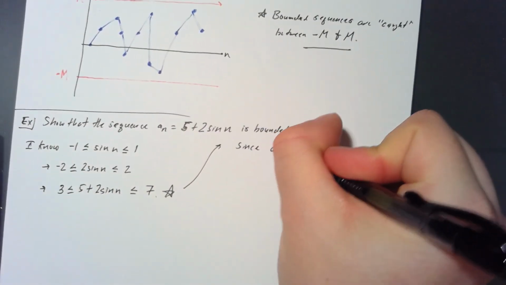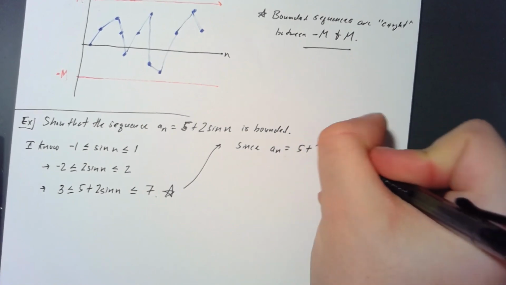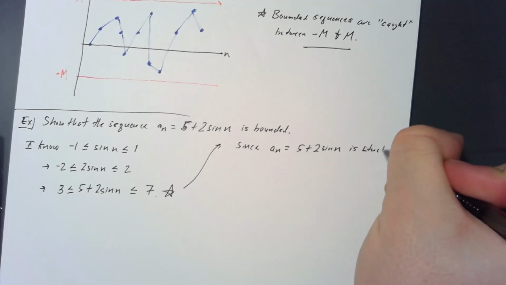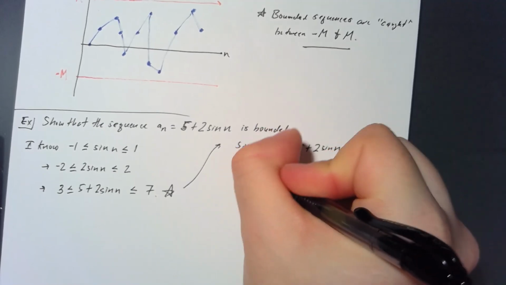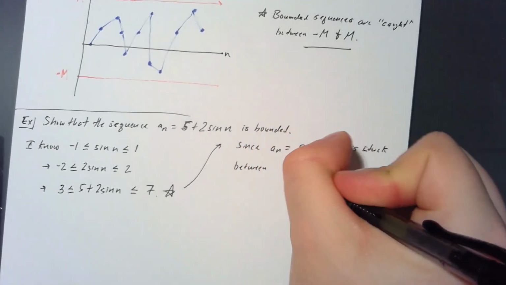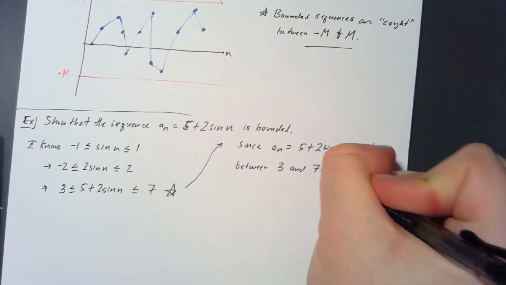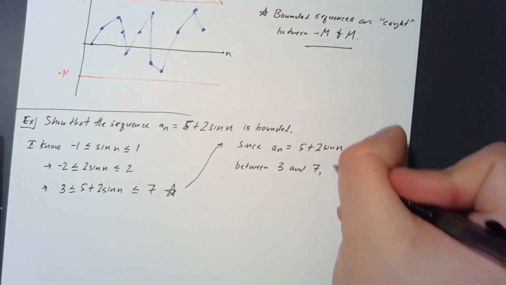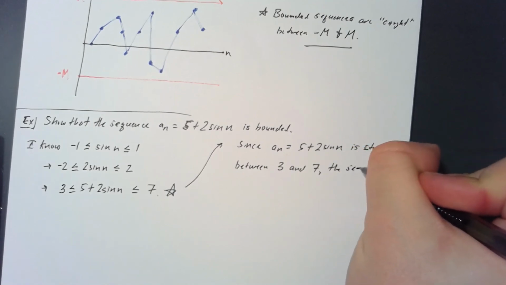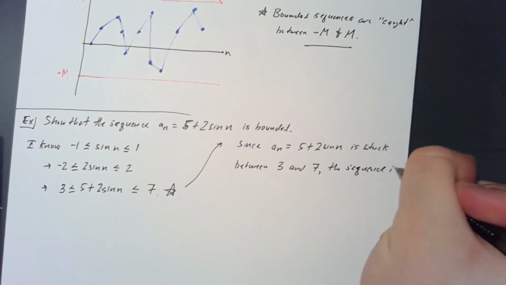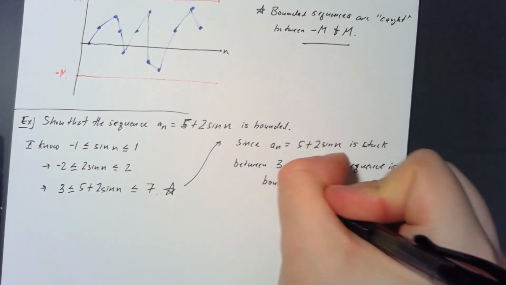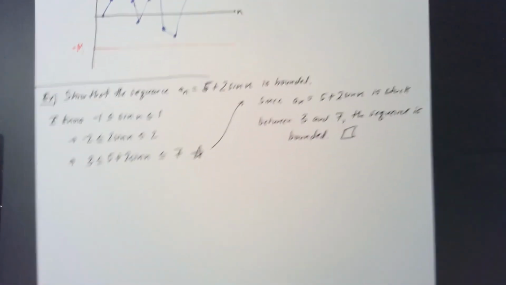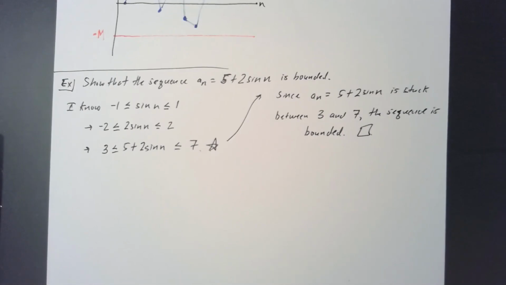Since a sub n, 5 plus 2 times sine of n, is stuck between 3 and 7, the sequence is bounded. And that's really it.